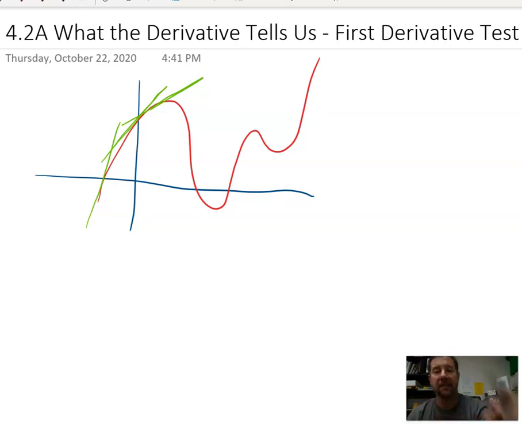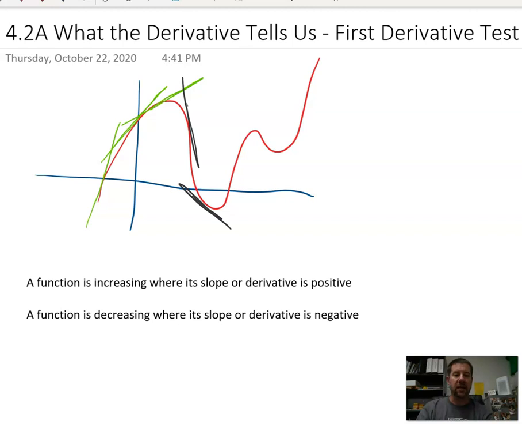And as soon as my function starts to decrease, these tangent lines have negative slope. So that's another way for us to define increasing versus decreasing. A function is increasing where its slope or derivative is positive, and a function is decreasing where its slope or the derivative is negative.